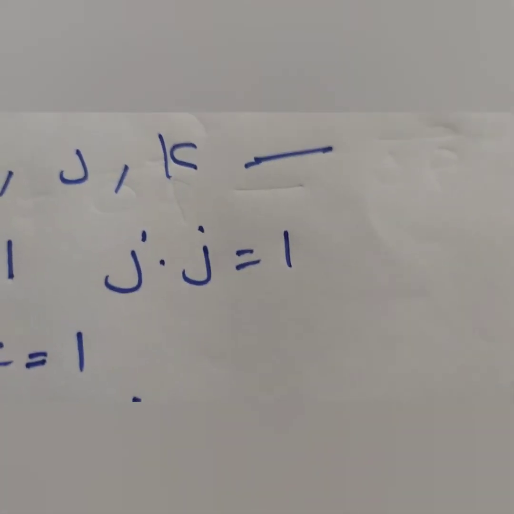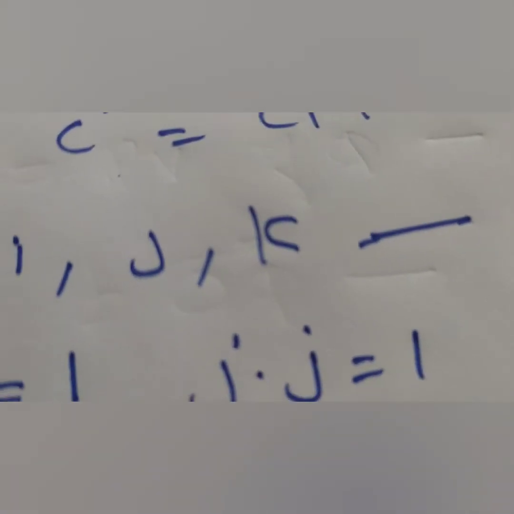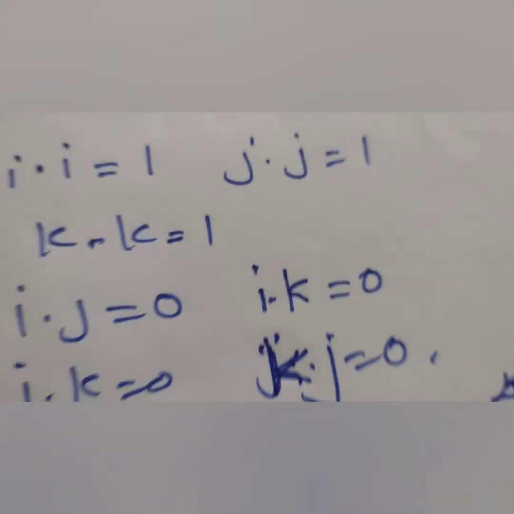Remember, if it is the opposite way like this, everything will be 0. If it is the same, it will be i into i.